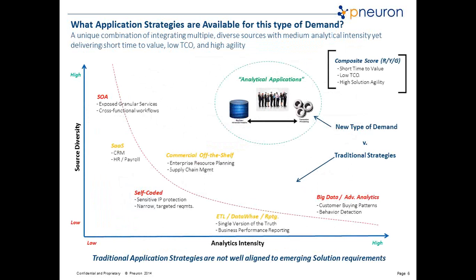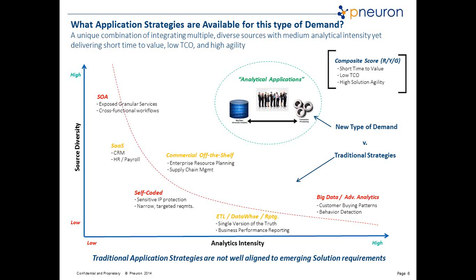As we move on, I apologize for a bit of a busy page, but it's an important page. What I've done is profile different application strategies that have evolved over, frankly, a couple of decades. You see a real split between application-centric approaches, things like SOA, traditional commercial off-the-shelf, and even of late SaaS-based applications.